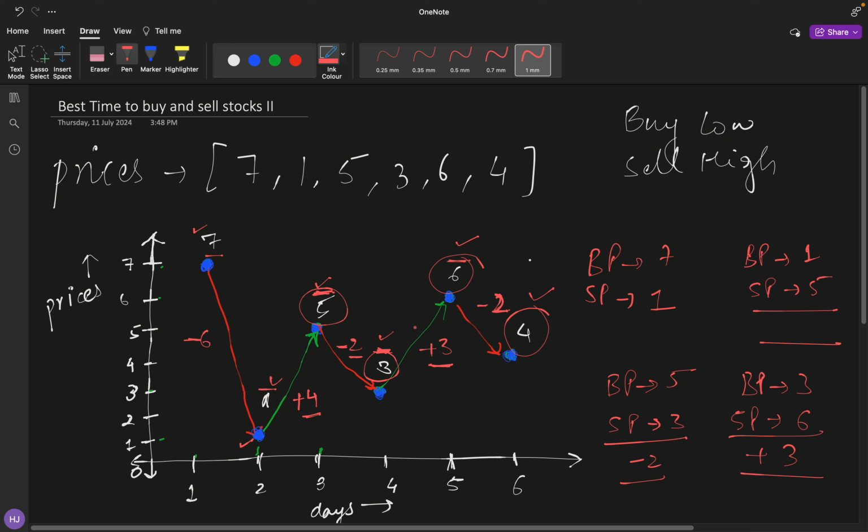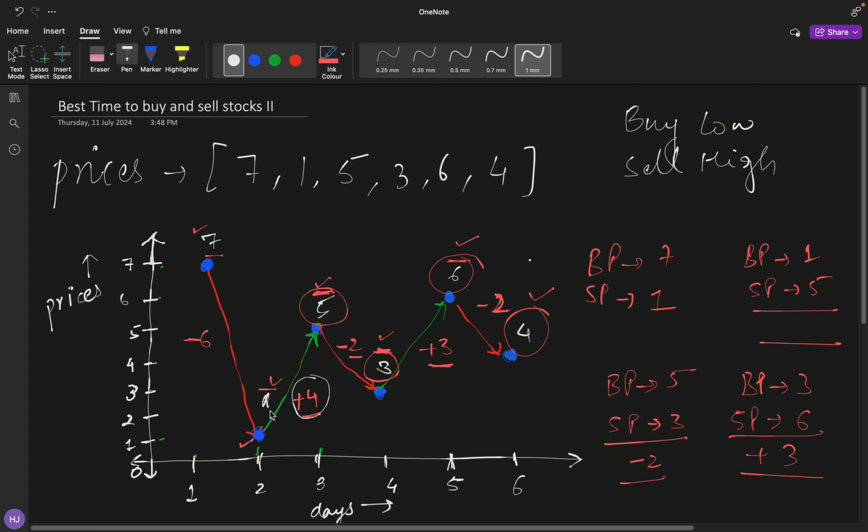So let's just discuss that in order to achieve a profit, we will basically buy the stock at its low and sell it at its high. So during this transaction, what is happening?